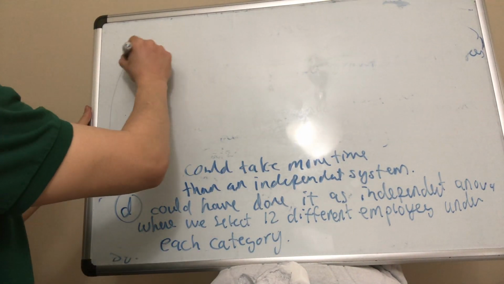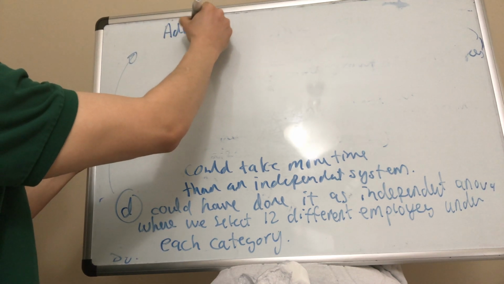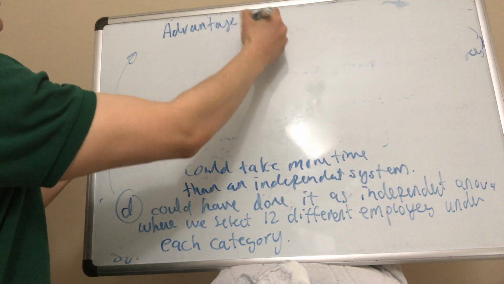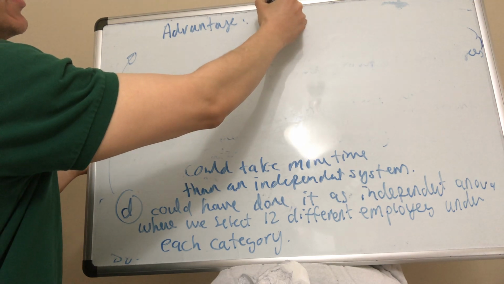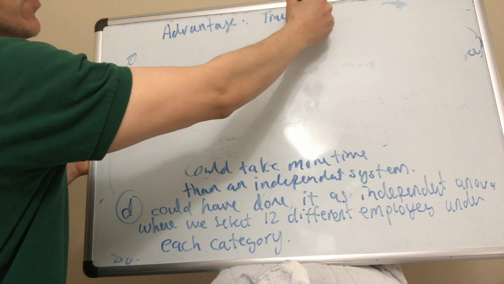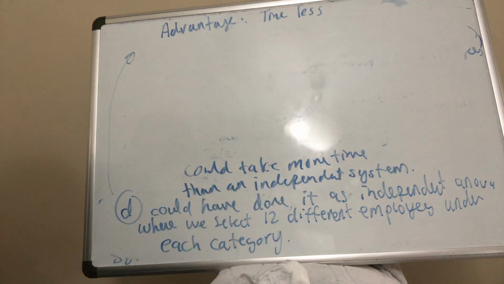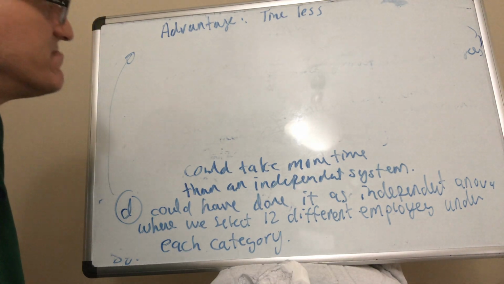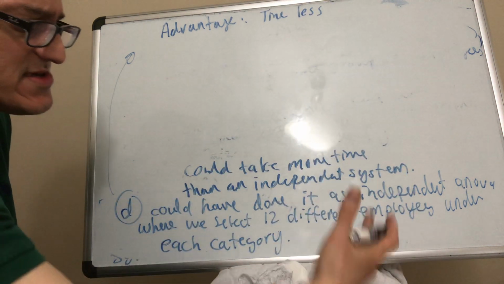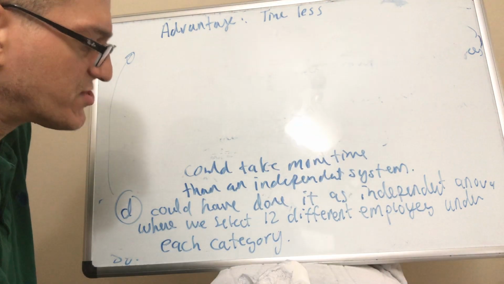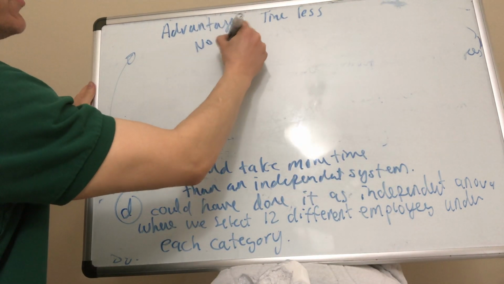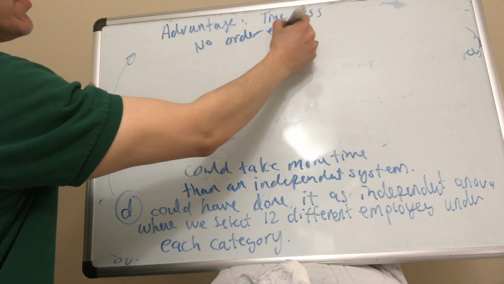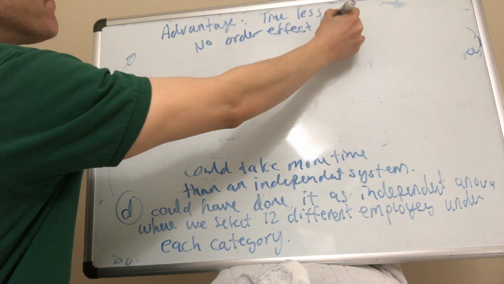Again, advantage, if you do it independent, we talked about it, time would be less in this case, because they can do the study at the same time, but in this case, that is not a major problem. No order effect problem.